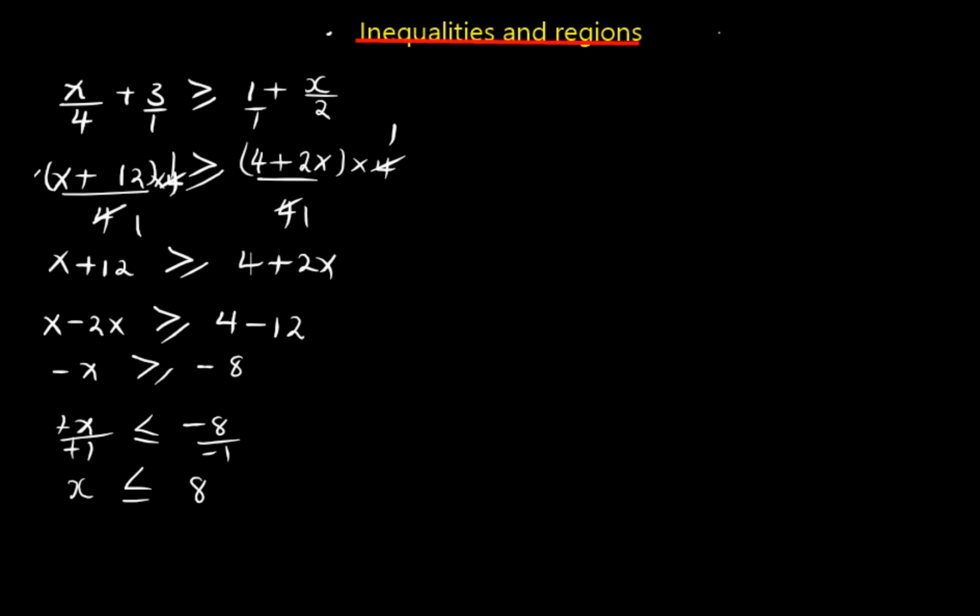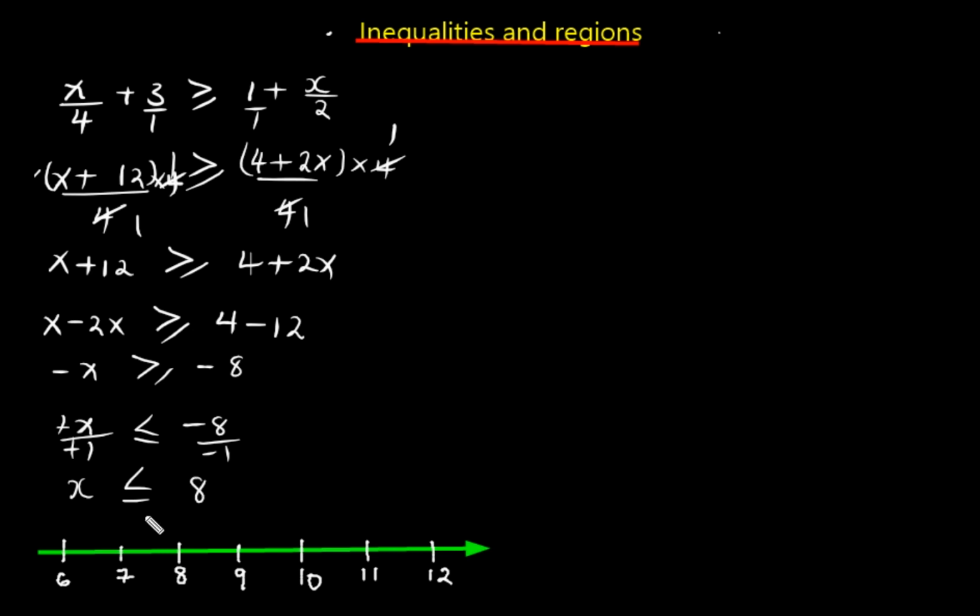Remember, they are telling us to represent the inequality on the number line. So we shall draw our number line. We write there the integral values, that is 6, 7, 8, 9, 10, 11, 12.